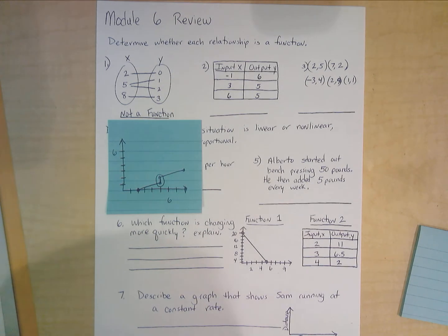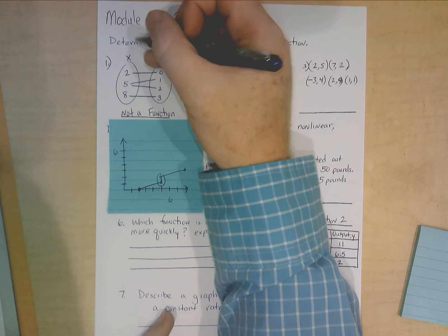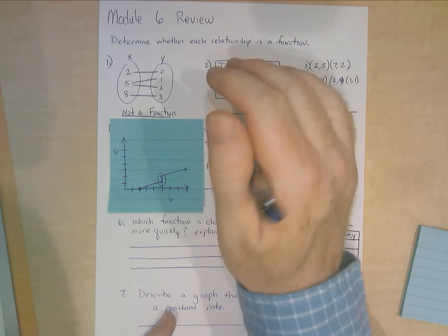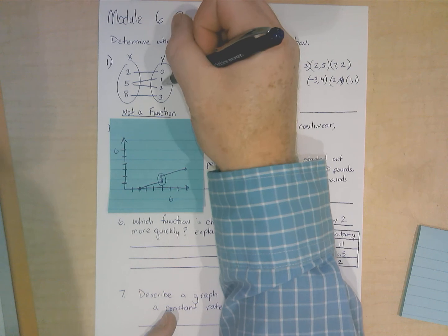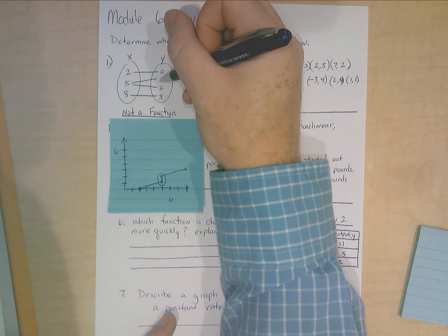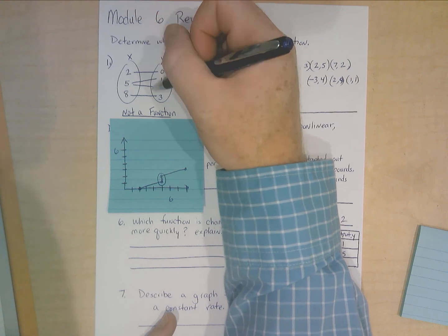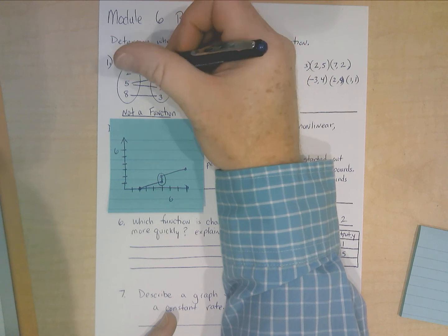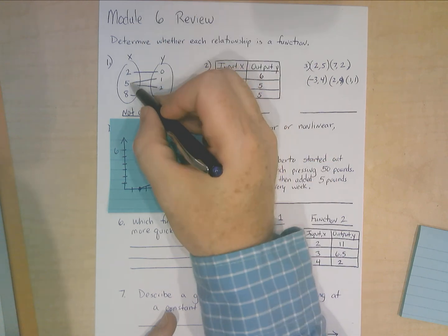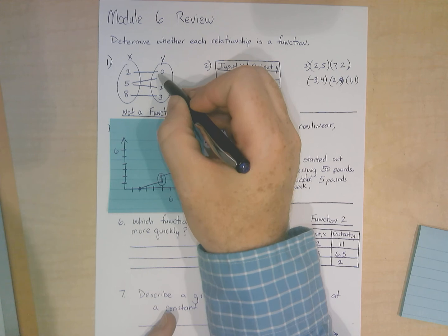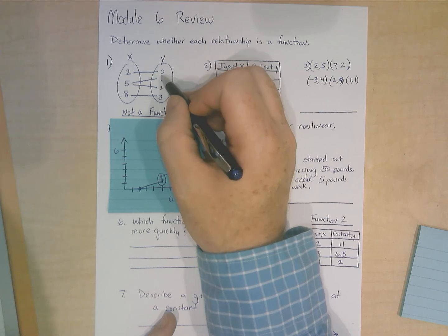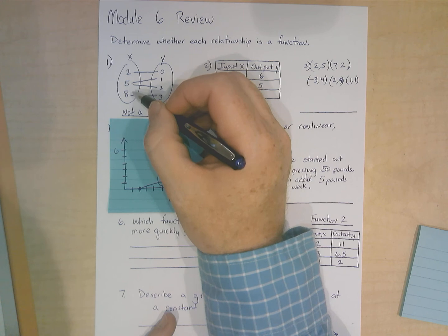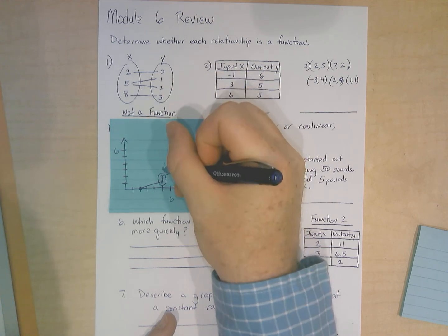The other thing is that you can have 2 inputs and 1 output. Like you could plug a 2 in and get 0, and plug a 5 in and get 0. This could connect to 0. That would be okay. So it's possible to have more than one y, but you can't have more than one x. Otherwise, you get a situation like this.